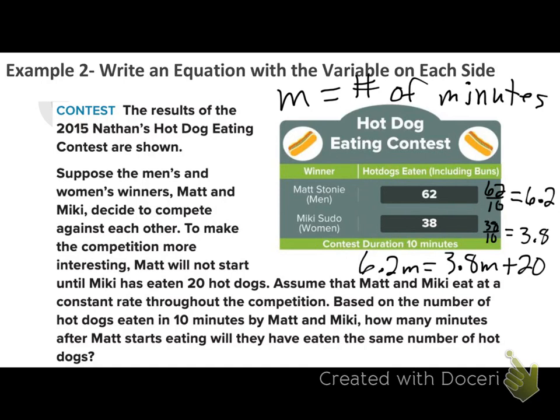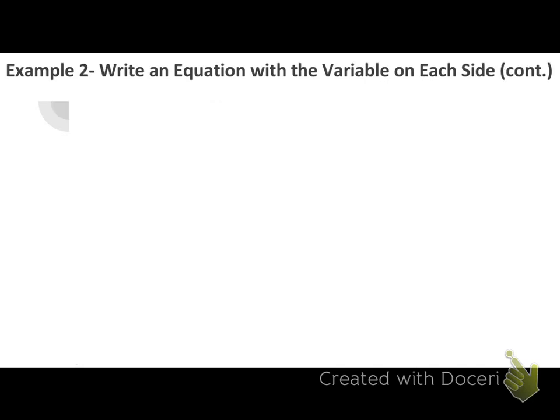This is my equation that I'm going to use to give me the number of minutes after Matt starts eating that they will have eaten the same number of hot dogs. So there's my equation: 6.2 M equals 3.8 M plus 20.